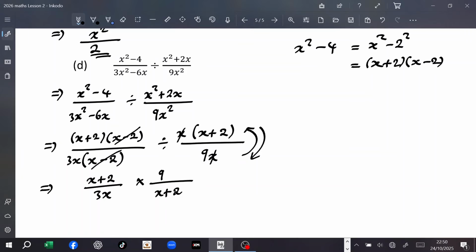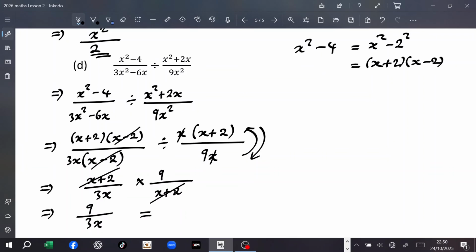So again, this one becomes simple. Since we are multiplying, this one and this one can go because they are similar. Okay? Then you are remaining with 9 here, down you are remaining with 3x.